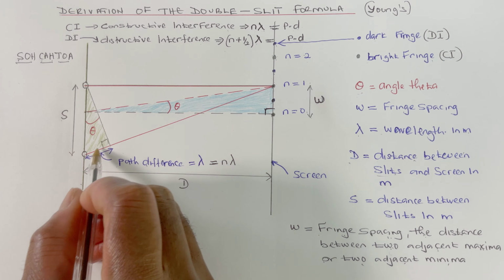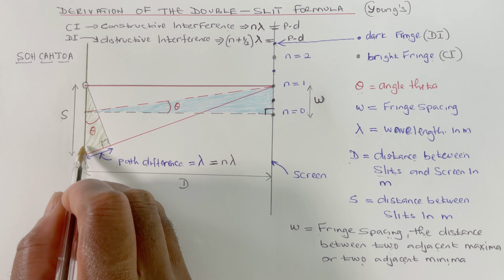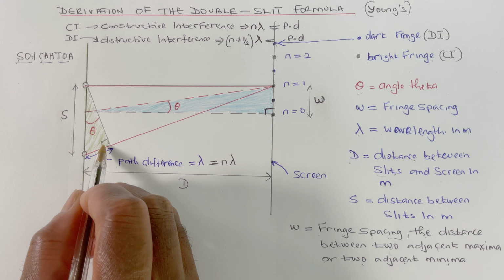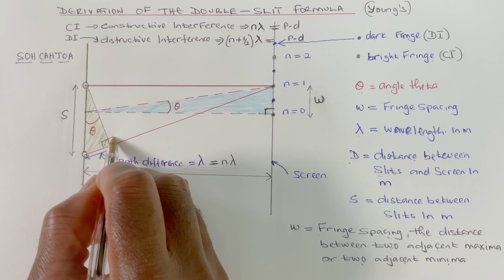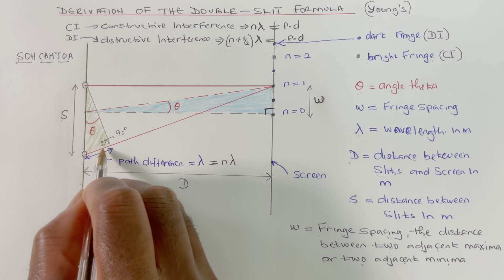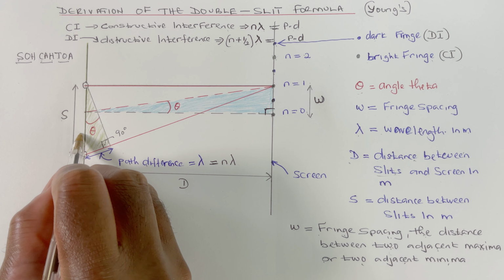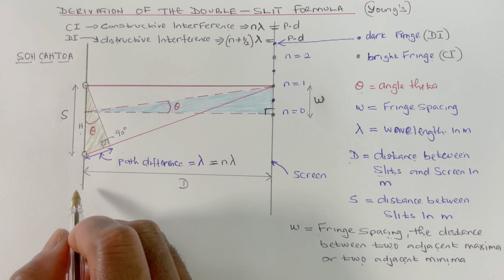We've got a right angle triangle here. The hypotenuse is always opposite 90 degrees. This is 90 degrees, so the hypotenuse is going to be that, so that will be h, the hypotenuse.